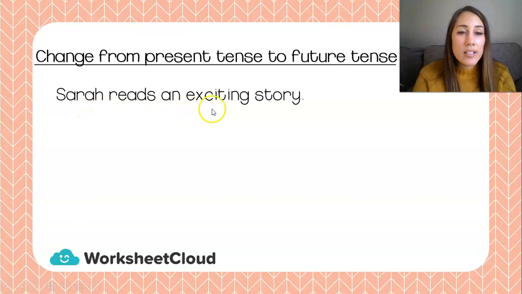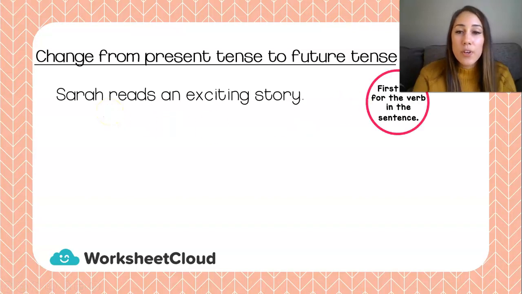Which word in this sentence is going to tell me when it is taking place? Our verb. So I first need to look for the verb in the sentence. My verb is read or reads. I can say, what is Sarah doing? She reads. So reads is my verb.